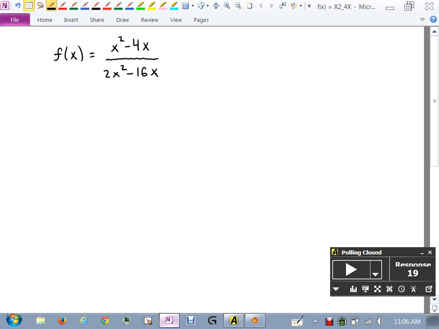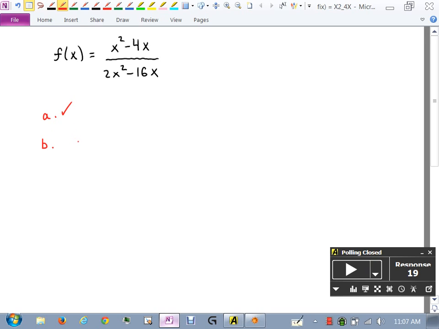All right, what was step A of our process? Anybody not have the steps from last class that need them? No? Check to make sure that it's a rational function. So we do have a rational function here. So step B would be now to completely factor the numerator and denominator.